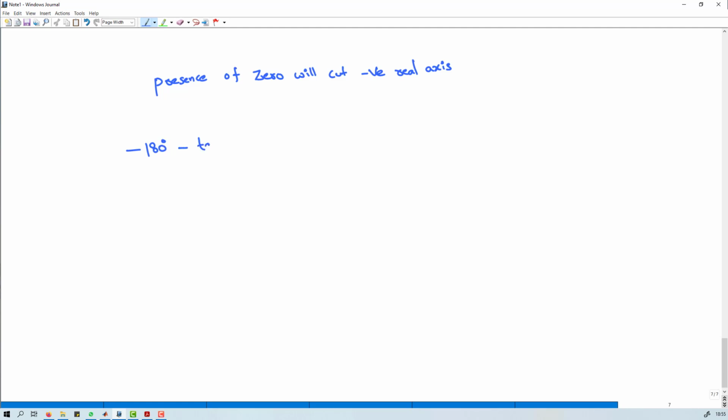So let us take the phase: minus 180 minus tan inverse of omega minus tan inverse of 2 omega plus tan inverse of 4 omega. It is cutting the negative real axis at minus 180, so this 180 and that 180 will cancel out, and we get tan inverse of 4 omega is equal to tan inverse of omega plus tan inverse of 2 omega.